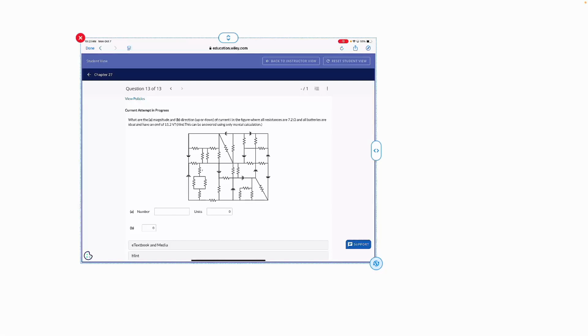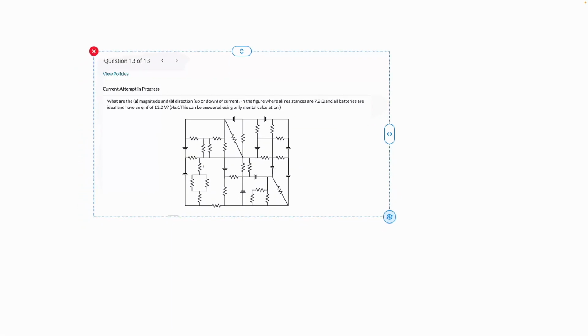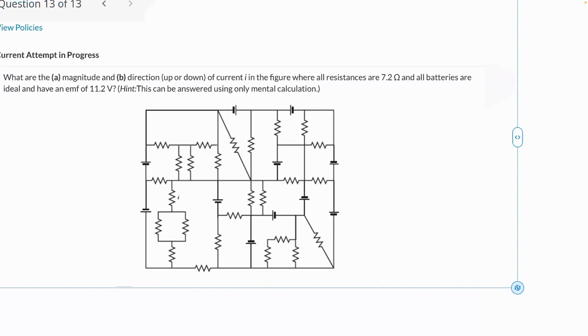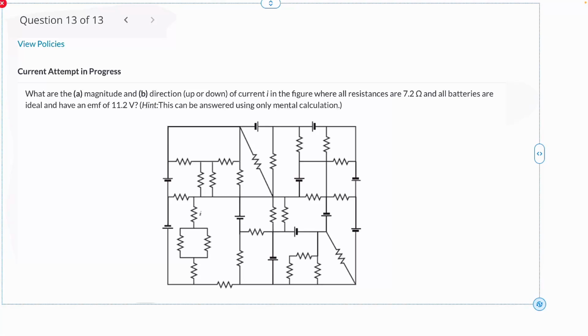I can do that in the Apple screenshot, but I actually find it's better to do it in here. Done. Because then I can just do this. Cuts out some of the fluff.